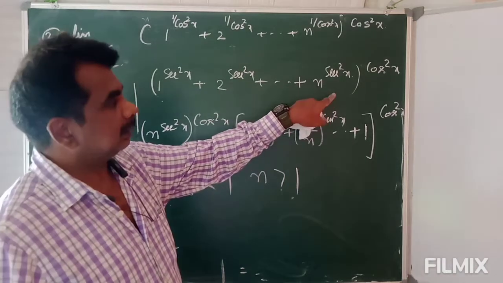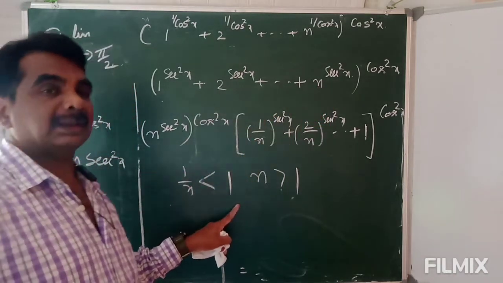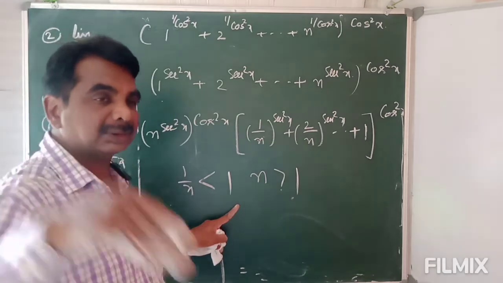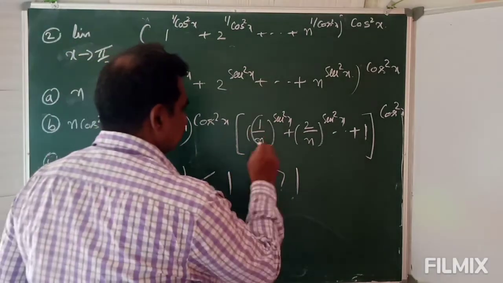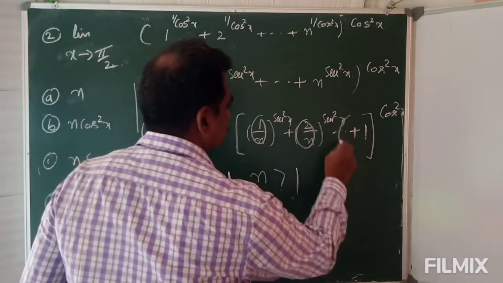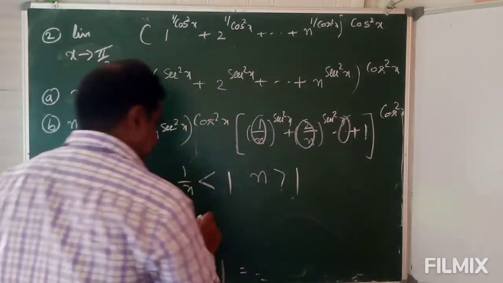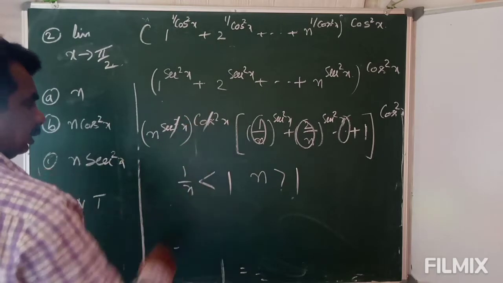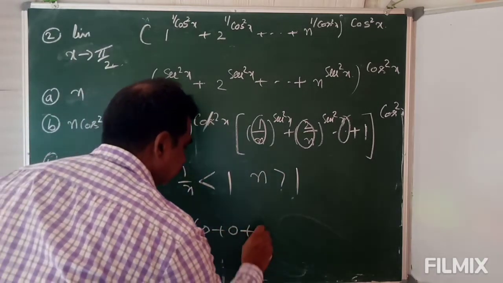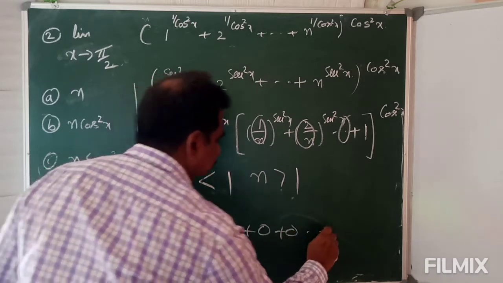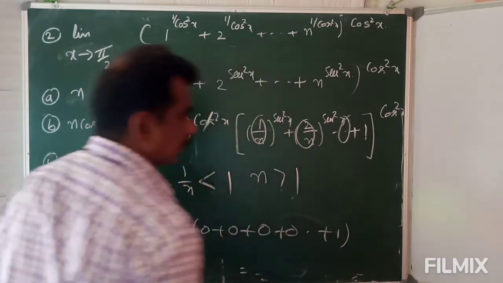But 1 by n is less than 1, it approaches 0. That means this becomes 0, this becomes 0, up to all become 0. Secant square and cos square cancel, so n into 0 plus 0 plus 0 plus 0 up to so on plus 1.